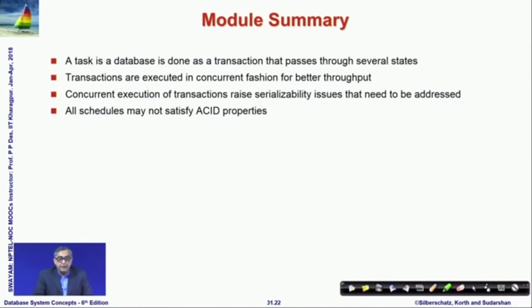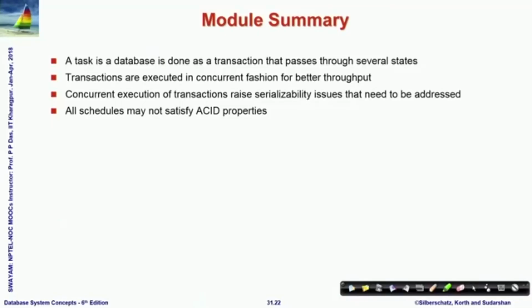So, in this module we have understood the basic task that a database executes, which is in the form of a transaction, and we have seen that they must satisfy a set of properties typically called the ACID properties: atomicity, consistency, isolation and durability must be satisfied.